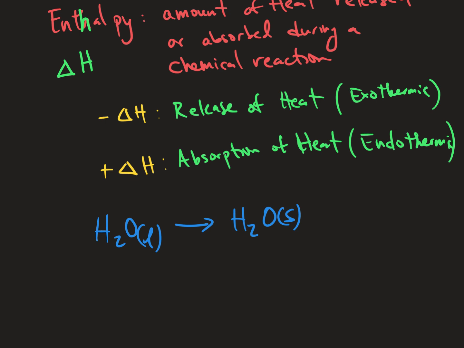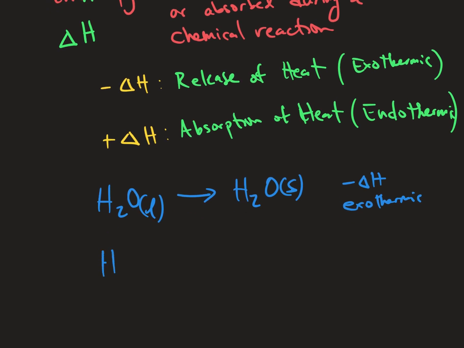Leaving? Yeah, it leaves, so you have water, and you take out the heat, and it gets cold, right? So this is exothermic, or negative delta H. That makes sense to everybody?